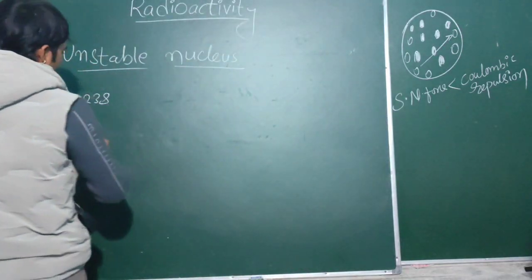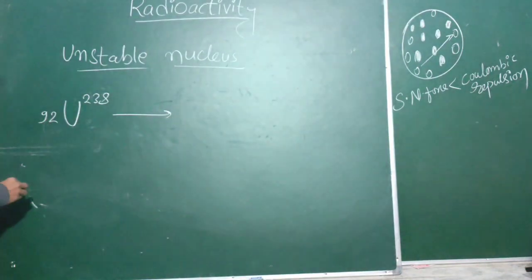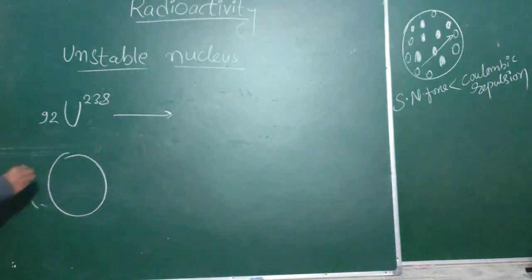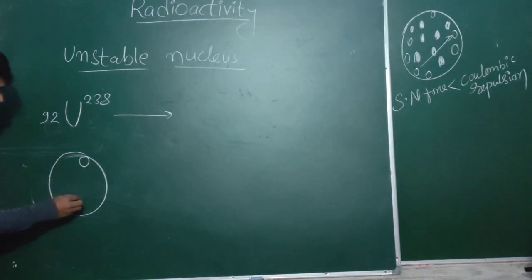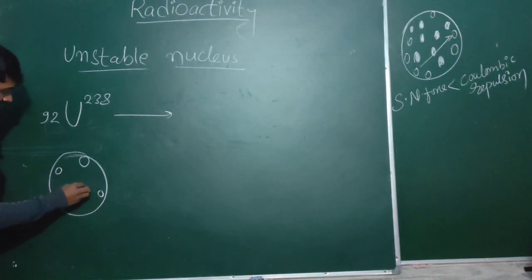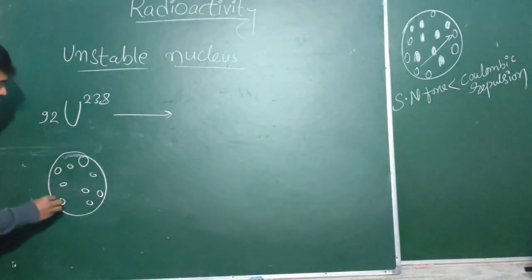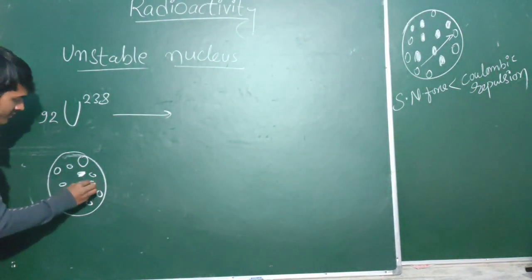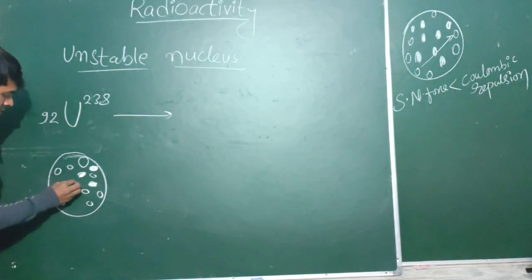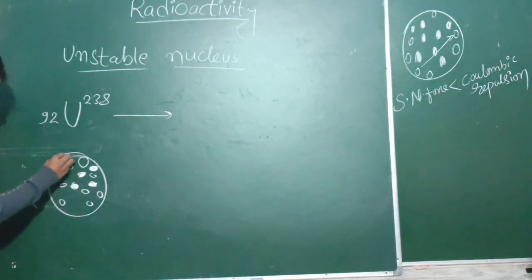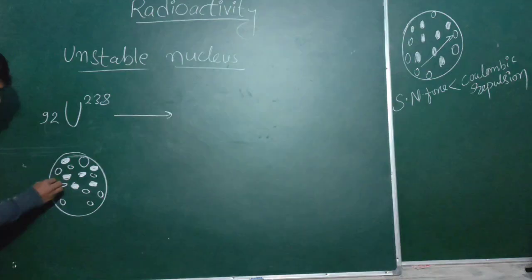So what will it do? It will reduce its size. Consider an imaginary uranium atom, with positive charges randomly embedded into the nucleus, and chargeless nucleons, that is neutrons, also embedded randomly into the nucleus.